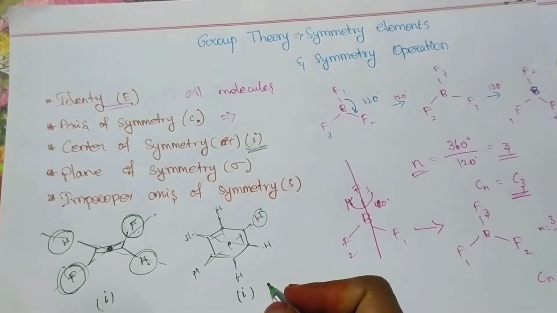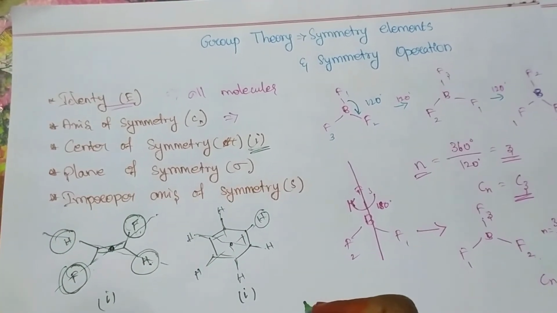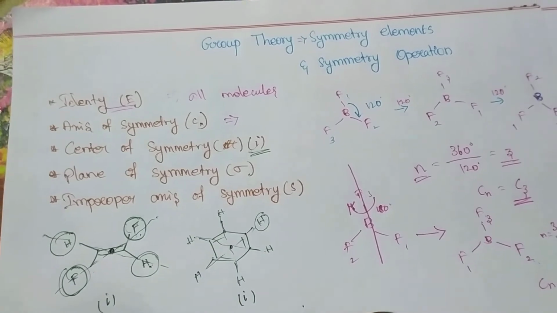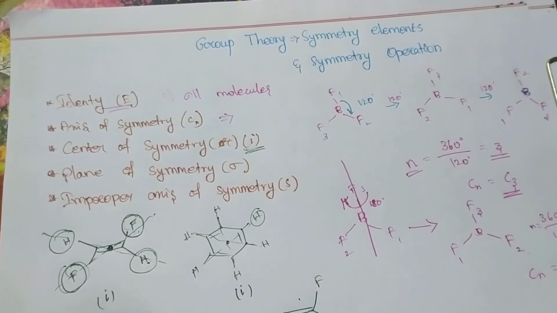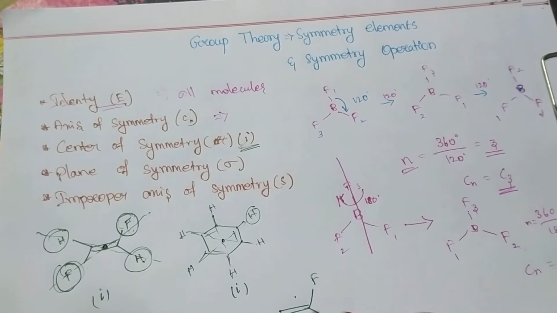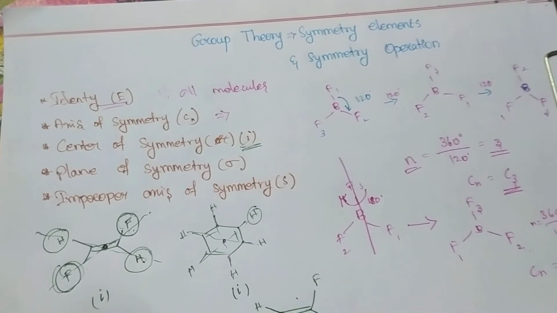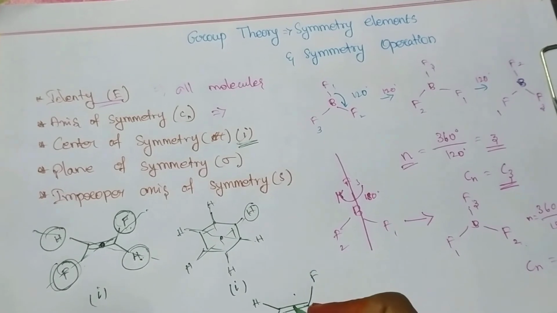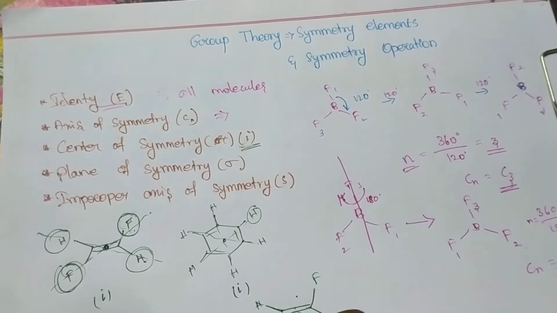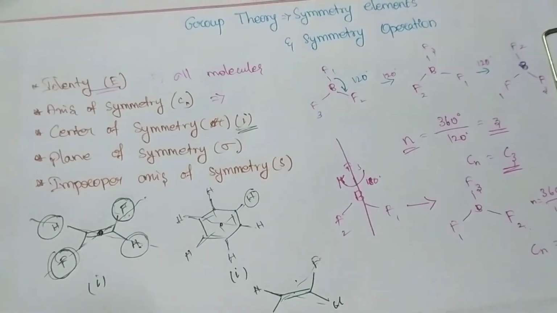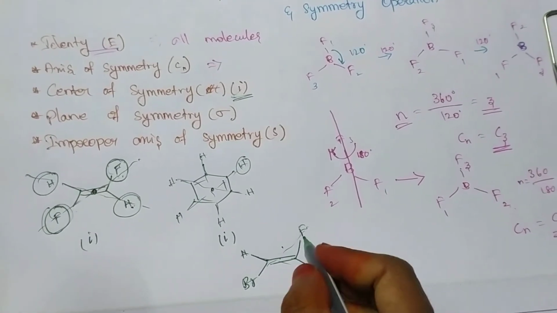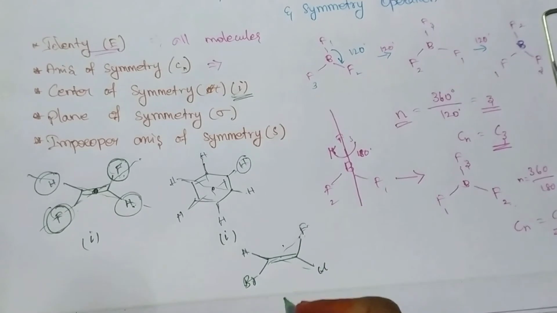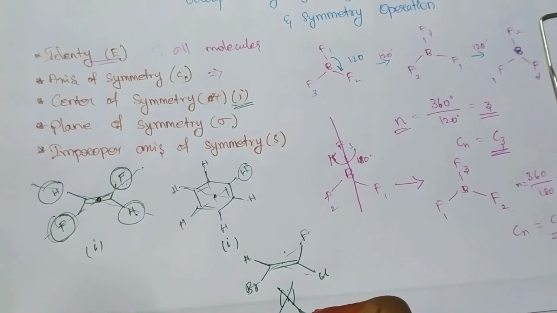We also take an alkene like fluorine, here bromine, here hydrogen, here chlorine. But here it is not the same atom on the opposite side. So there is no center of inversion.